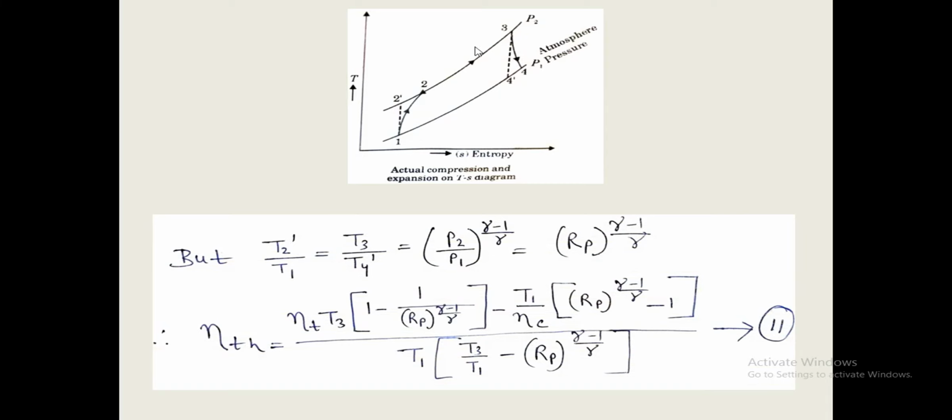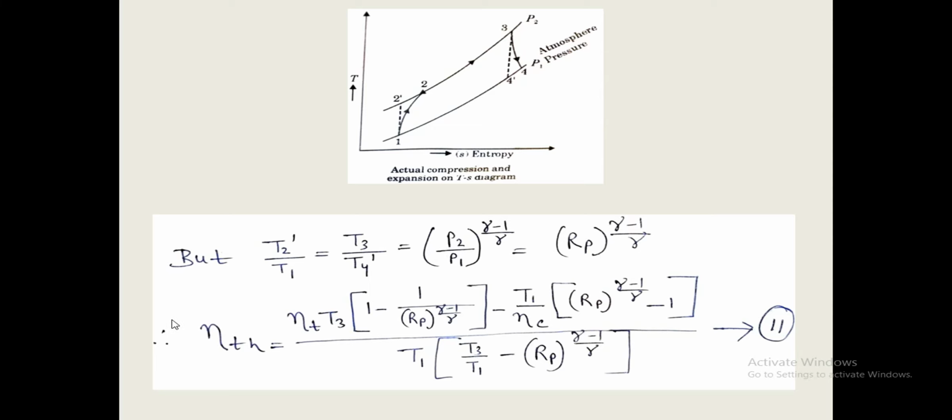But T2 dashed by T1 is equal to T3 by T4 dashed, and put the values: P2 by P1 to the power (gamma minus 1) by gamma is equal to Rp to the power (gamma minus 1) by gamma.